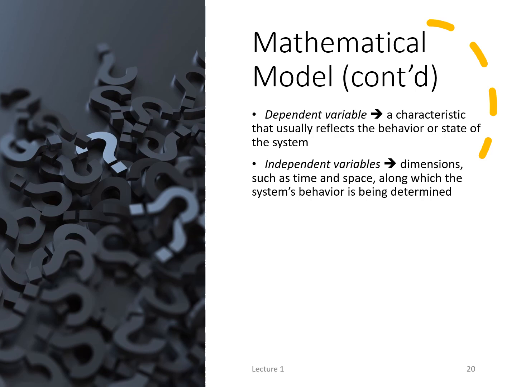What is a dependent variable? The variable which gives you the state of the system. For example, in this case, how much force is generated in the system. So this is dependent: the outcome, the result of the system. Independent can include dimensions of the system.